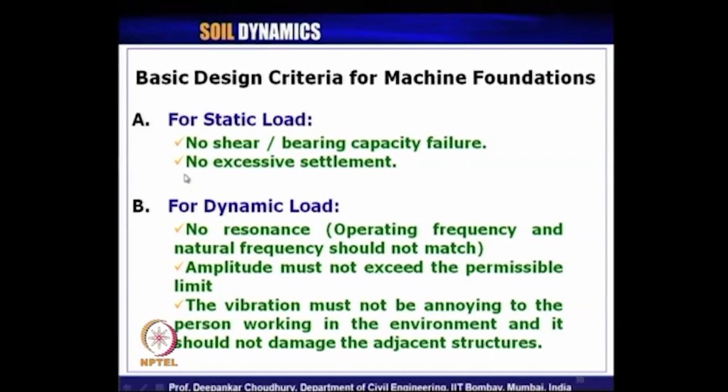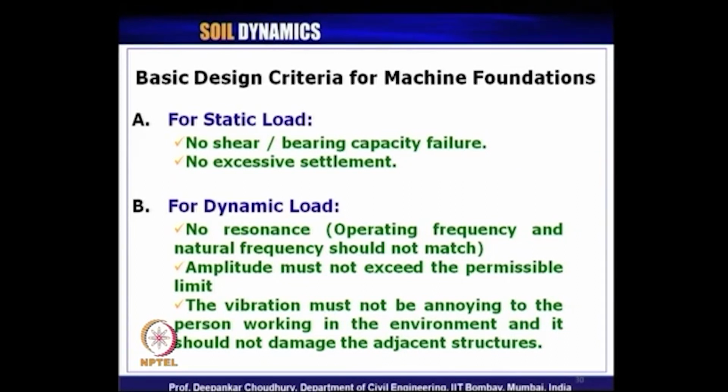And the second criterion is no excessive settlement, that is, the amount of settlement also we need to calculate under static load, and that has to be compared with different codal guidelines. As we know, for isolated footing as per IS code it is about 50 millimeter, right, that is the vertical settlement.